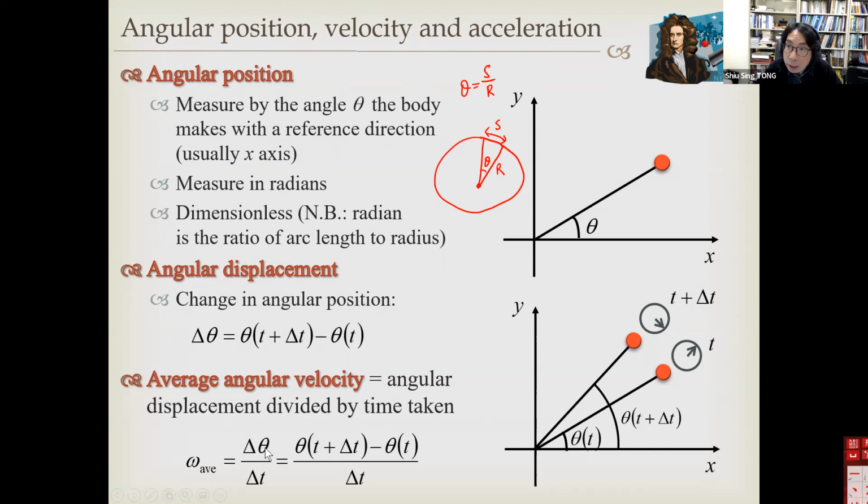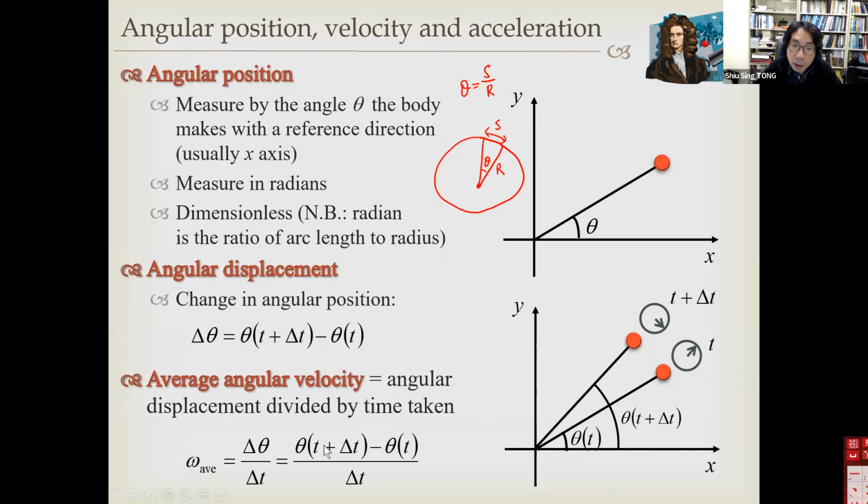If we divide the angular displacement of the object by the time taken for the object to do that displacement change, that will become the average angular velocity. Okay, so the angular velocity is by definition the change in angle divided by the time taken. But that's averaged over a finite period of time, so I call it the average angular velocity.